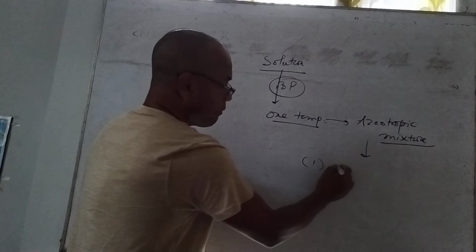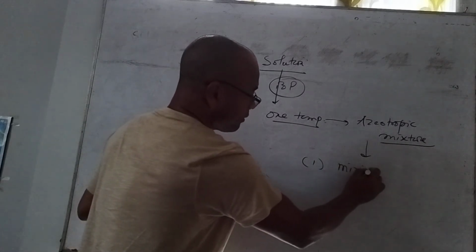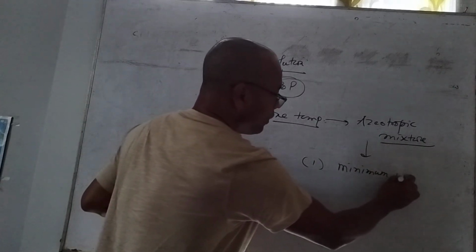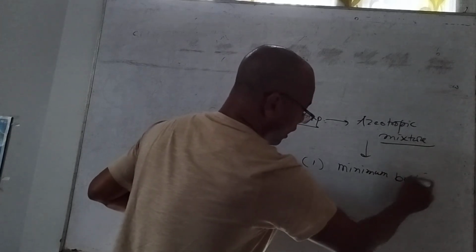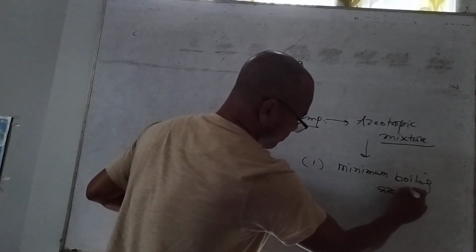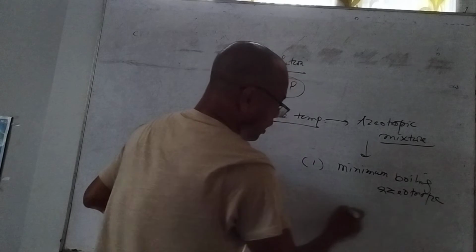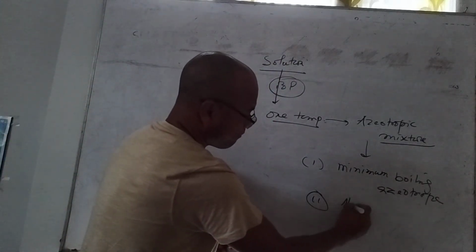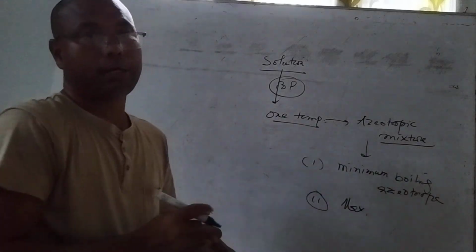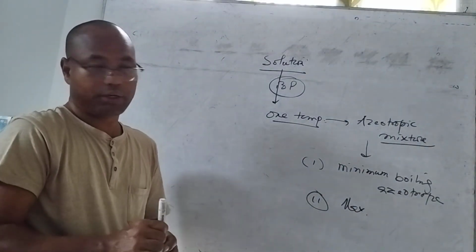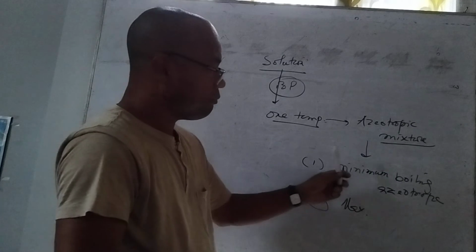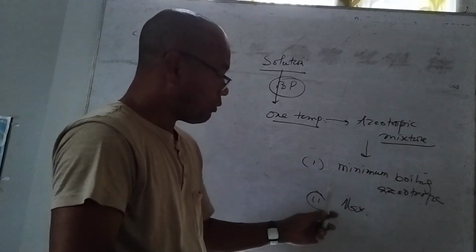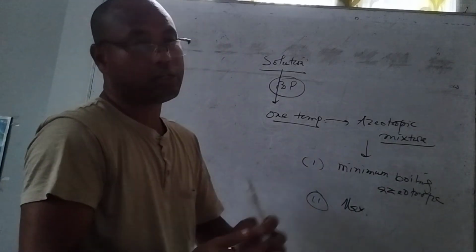One is the minimum boiling azeotrope. Number two is the maximum boiling azeotrope, right?